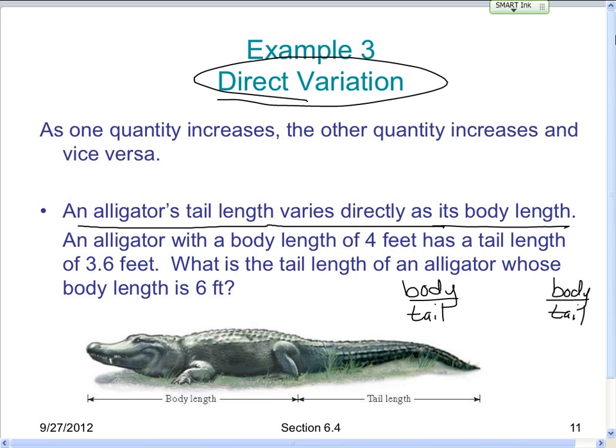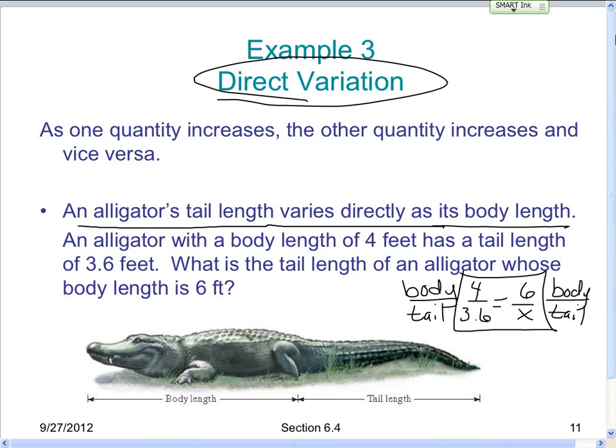All right, so what do we have for body length? We've got a body length of 4, a tail length of 3.6, body length of 6, and we don't know the tail length. So here is our proportion that we're going to solve.